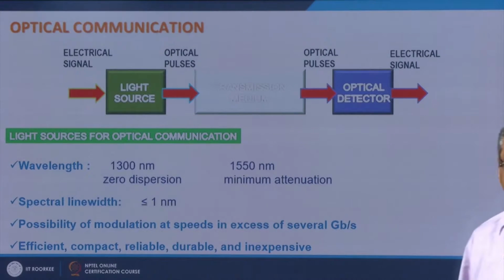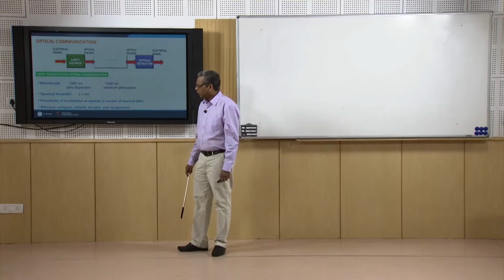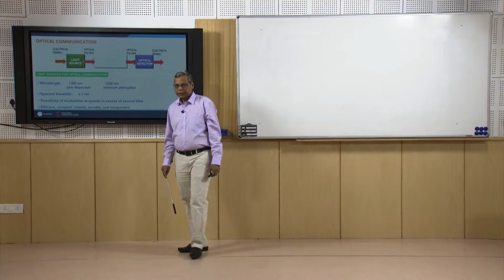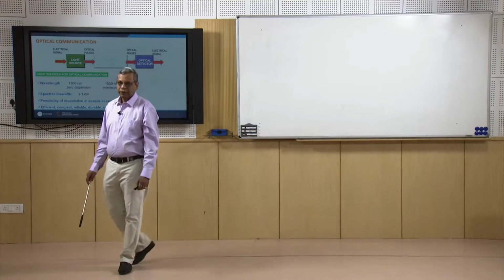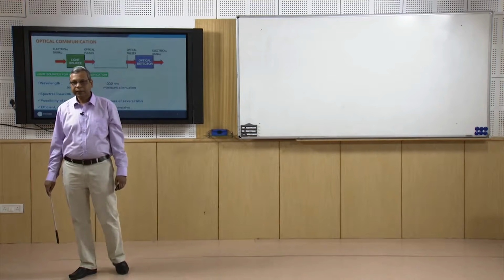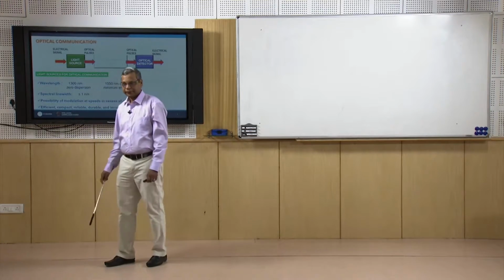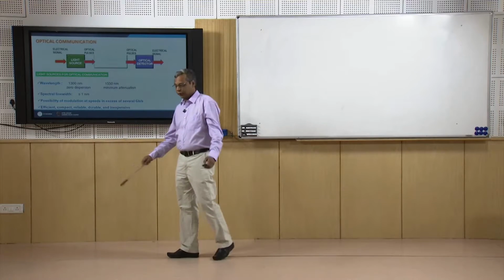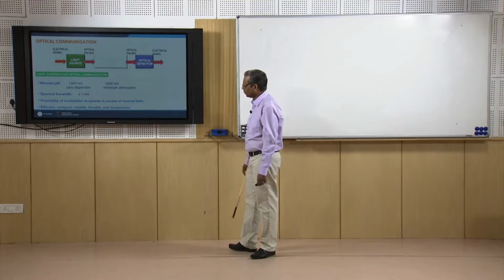They should be durable; I need not replace them from time to time. And on top of all these, they should be less expensive, because we want to transmit more and more data, but we do not want to pay more for it. So, they should be inexpensive, they should not add to the cost.